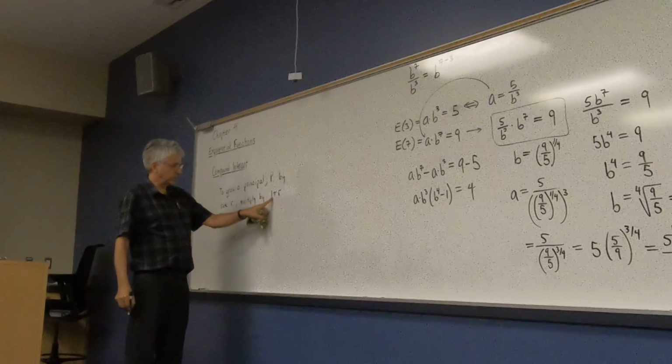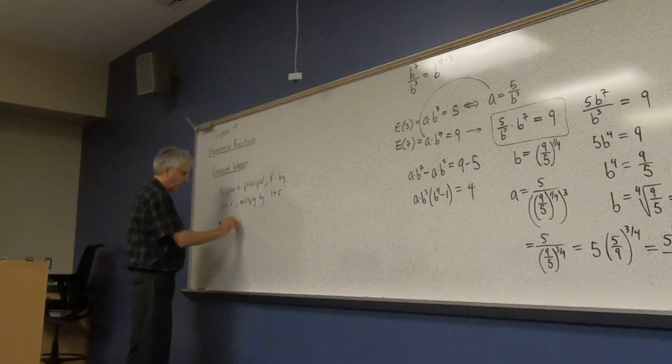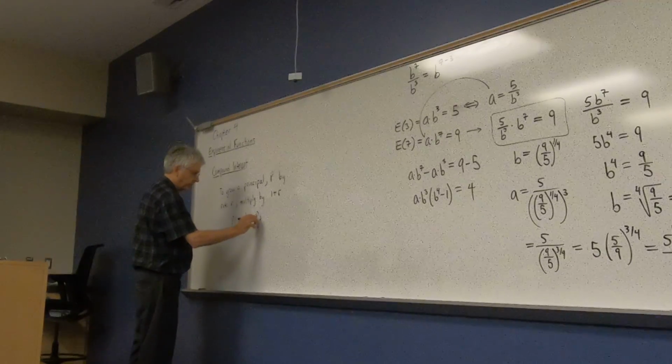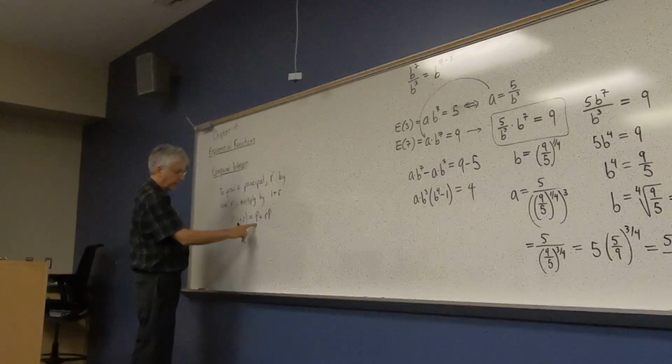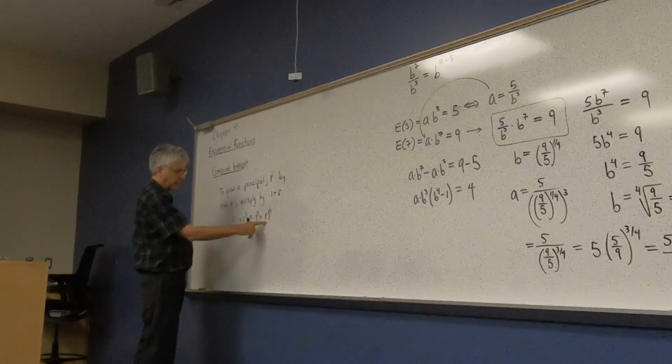So P times 1 plus R is what you started with plus the amount of growth. You keep what you started with, but you get this additional amount.